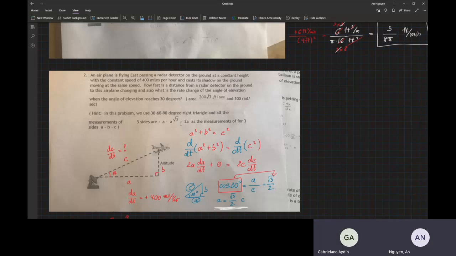I'm going to do it a different way. I'm going to use sine of theta equal to B over C, because sine is opposite over hypotenuse, and the opposite of theta is B, and the hypotenuse is C. Let's see if it makes a difference. So I'm going to take the derivative of both sides.